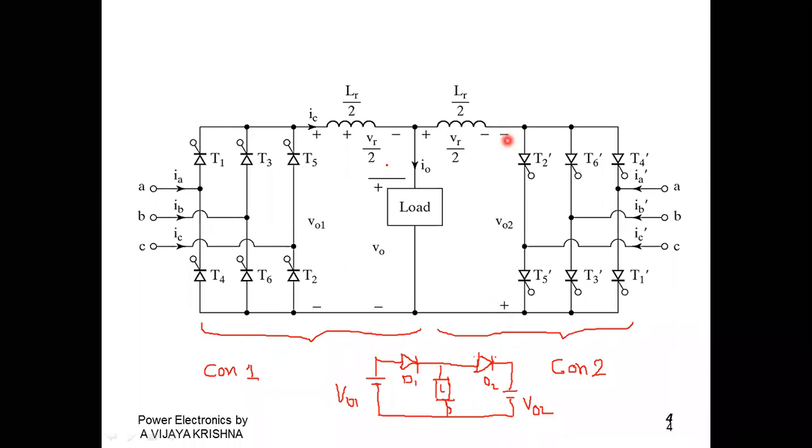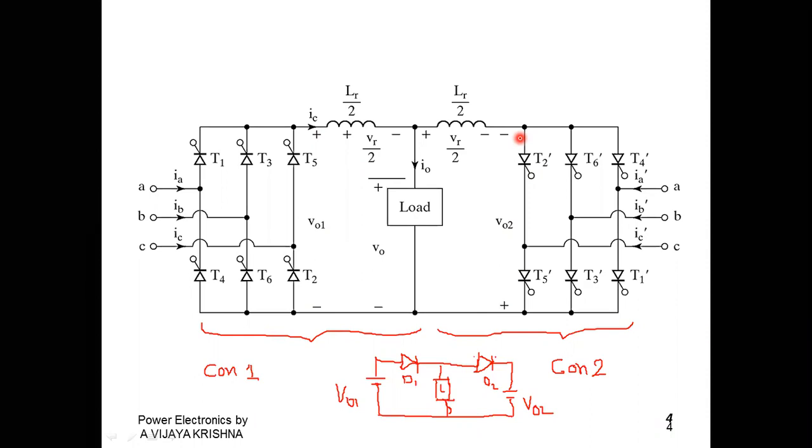Here, I am telling about this one. V01 has positive here and negative here, and V02 has positive here and negative here. If you observe, the current direction does not change here; the current direction is the same. What changes is the voltage polarity.